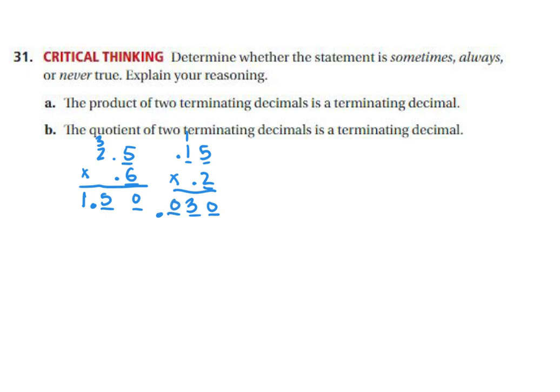Okay, so two products, we're multiplying numbers together. They have terminating decimals. Well, then before we even start the problem, we're going to know how many decimal places there are. So therefore, we will always be able to know that it's going to be terminating.